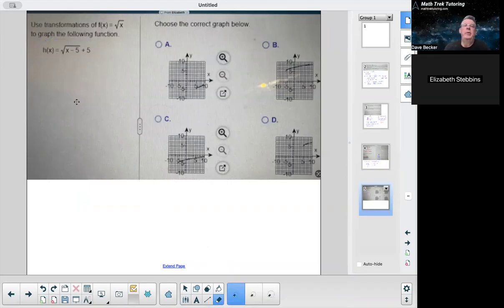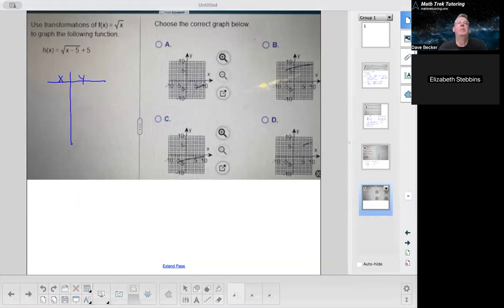Do you agree that we cannot find the square root of a negative number? Yes. So if that's true, what is the least value of x that we can choose if we can't get a negative under the square root? 5.